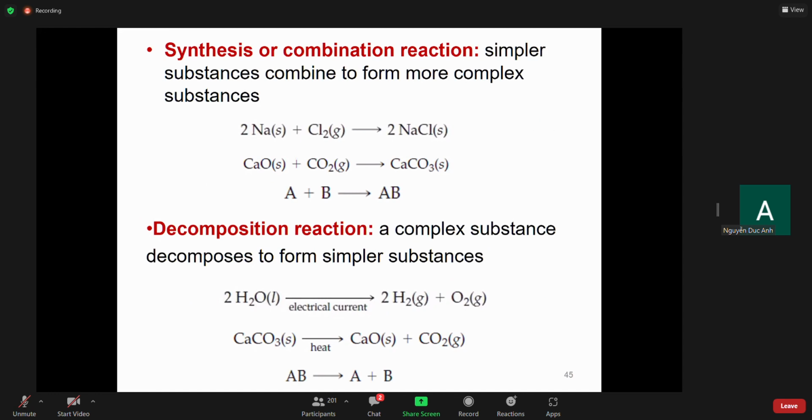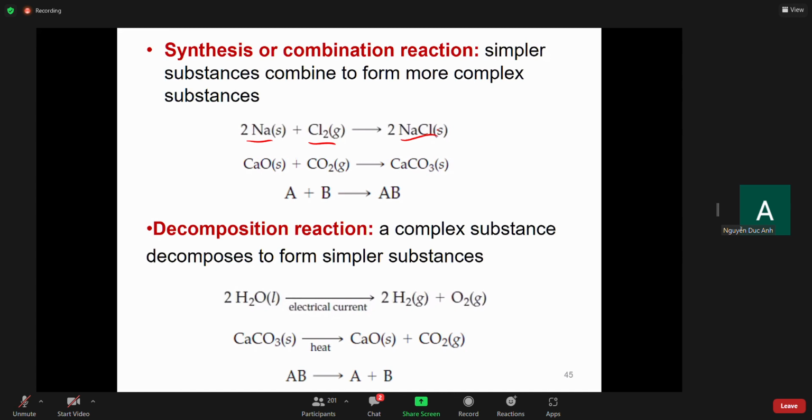For more detail, in the combination reaction, simple substances react together and combine to form more complicated substances. Like this one, sodium reacts with chlorine to form sodium chloride.